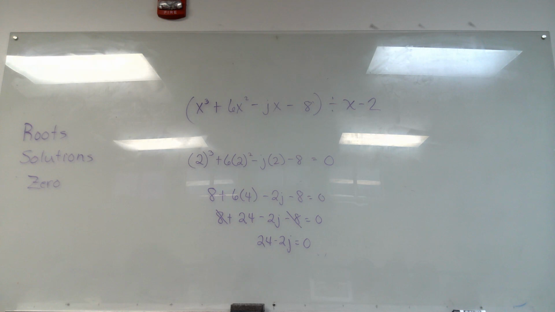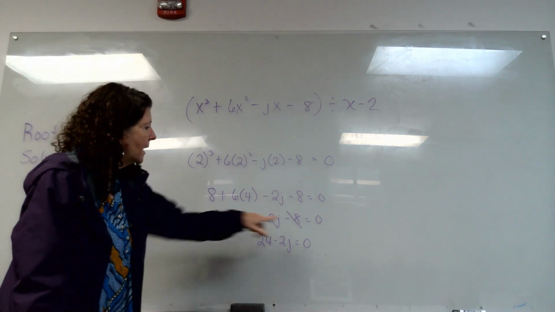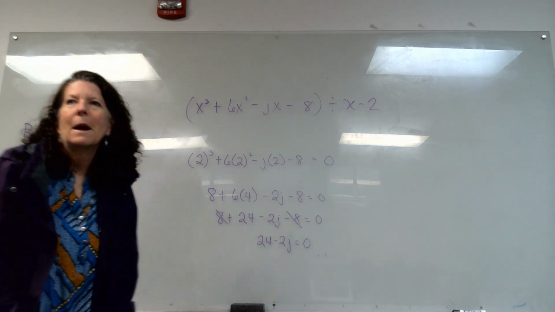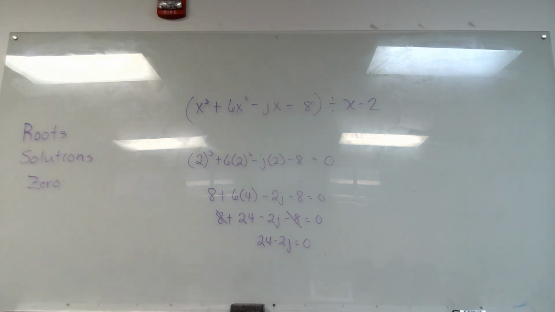Well, I got all the way up to the second last part. I did this the easy way. I said I have a positive 8 and a negative 8, so I just marked them out. So then you have 24 minus 2j equals 0, so then just solve for j.